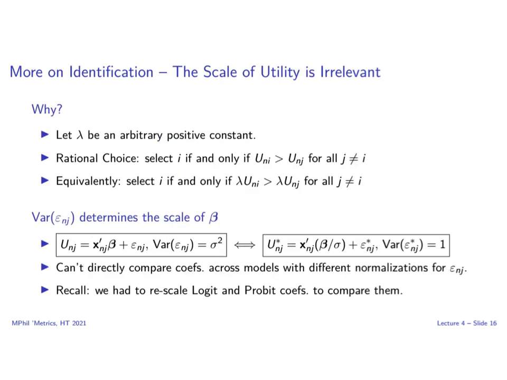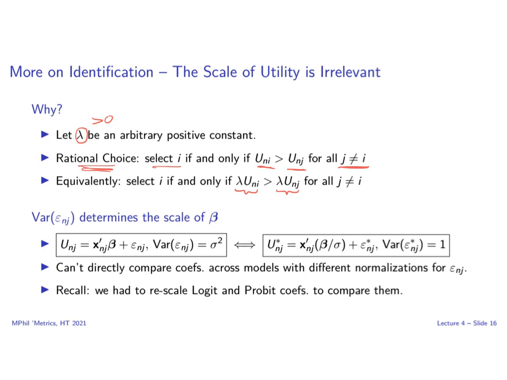Under our assumption of rational choice, Alice chooses alternative i if and only if U_ni is greater than U_nj for all alternatives j not equal to i. For any constant lambda strictly greater than 0, however, this is equivalent to saying that lambda U_ni is greater than lambda U_nj for all alternatives j not equal to i.